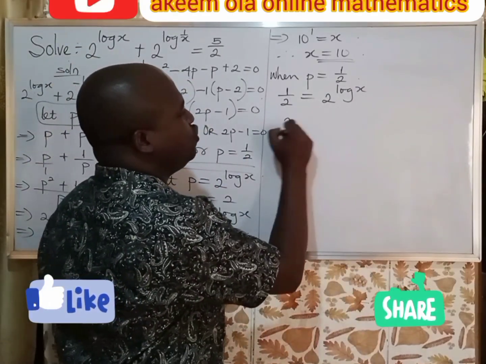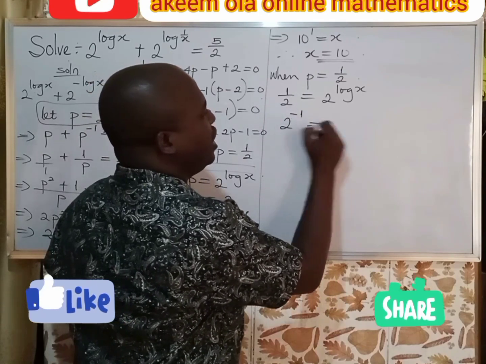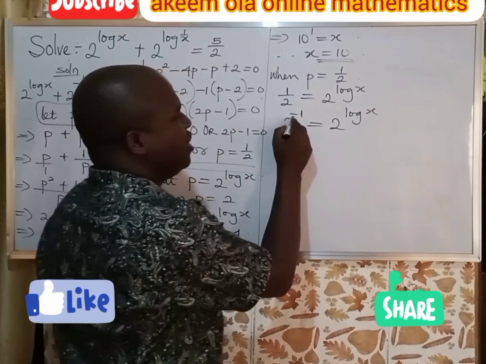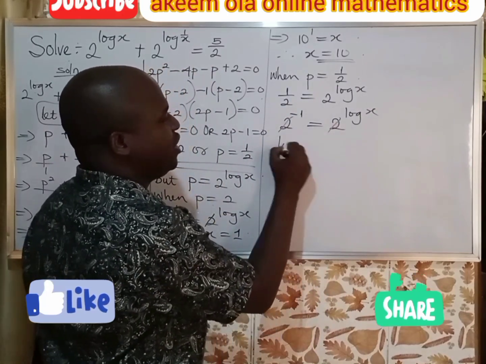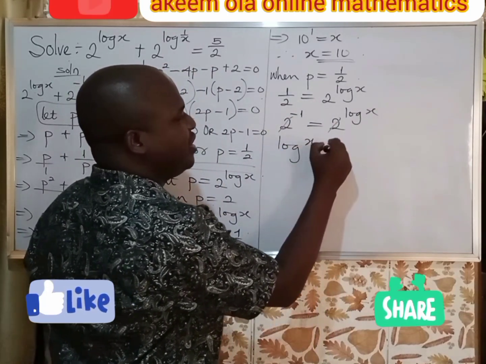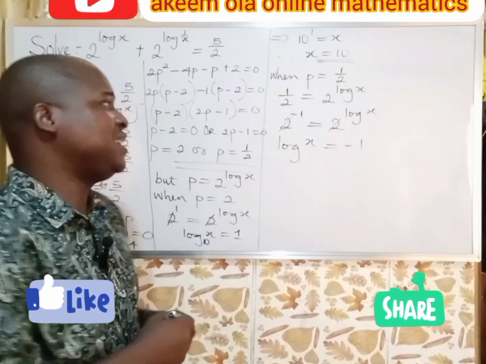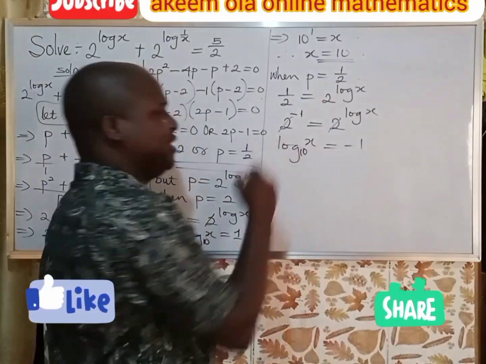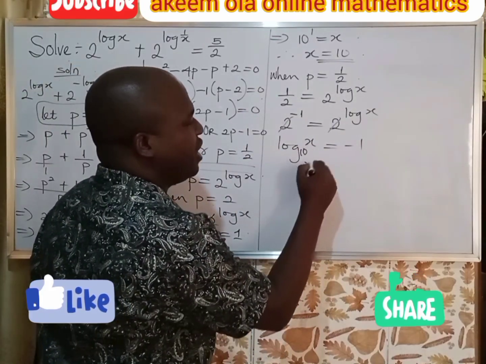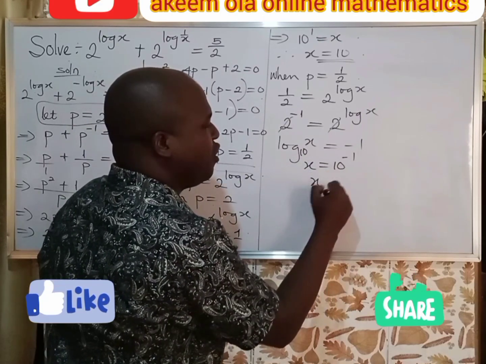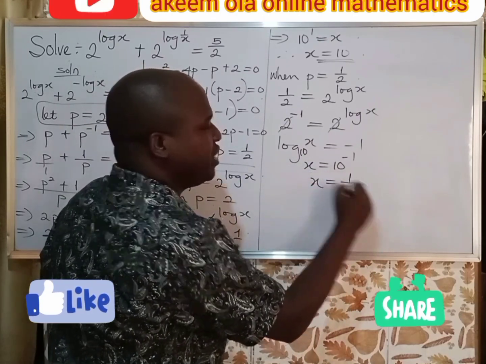That means we have 2 raised to power minus 1 equal to 2 raised to power log x. The base will cancel. That means log x will be minus 1. Like we did to the first one, there is no base here, so we assume the base is 10. So our x will now be 10 raised to power minus 1, so our x will be 1 all over 10.